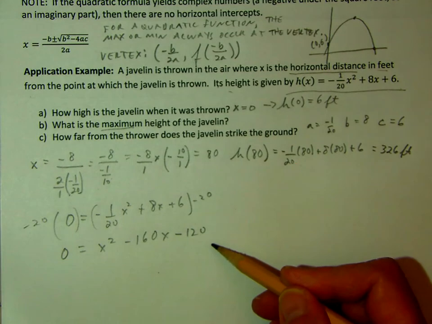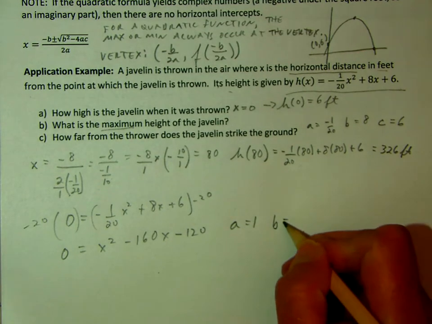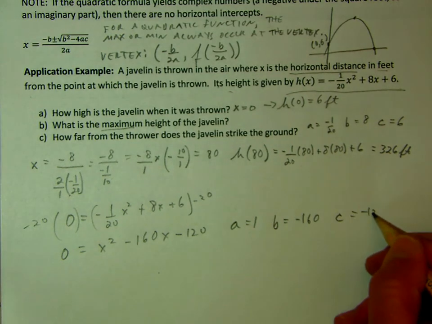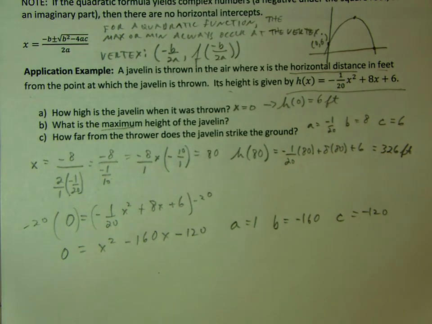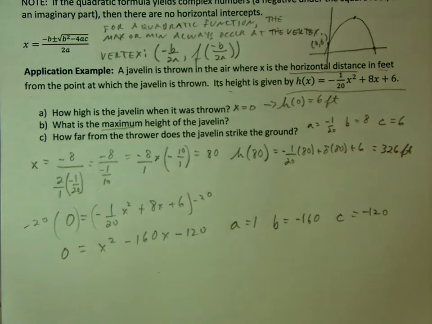We want to solve for this. Now we've got an a equal to 1, a b equal to negative 160, and a c equal to negative 120. So we want to substitute in to the quadratic formula to find that value of x.